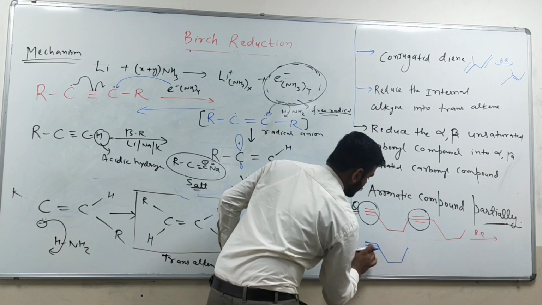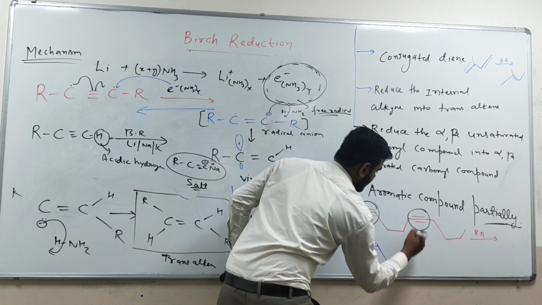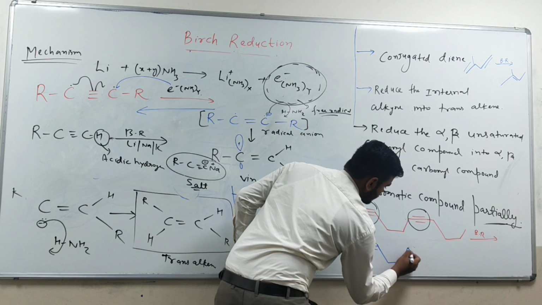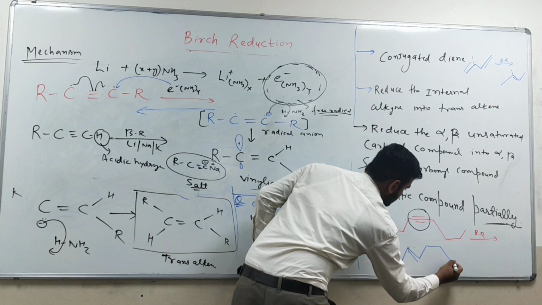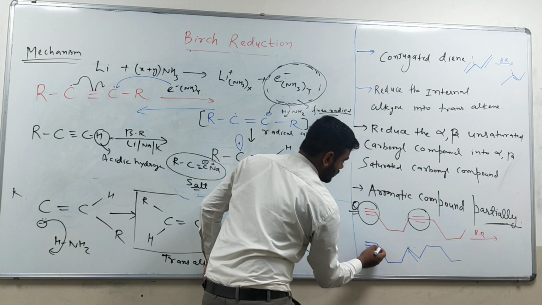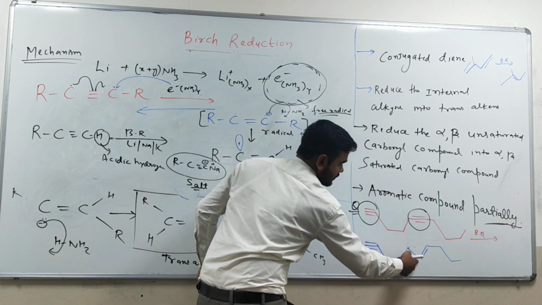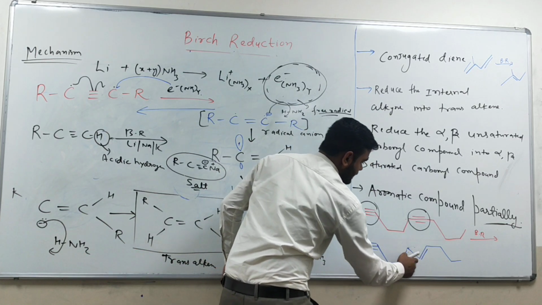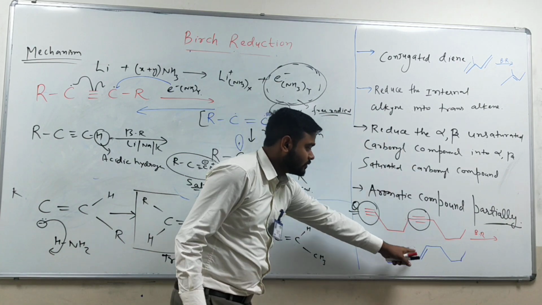Started to make this one, 1, 2, 3, 4, 5, 6. So the double bond is at the 6 position. Then count, a total of 11 carbons is there: 1, 2, 3, 4, 5, 6, 7, 8, 9, 10, and then one more. So you need to reduce in that fashion.